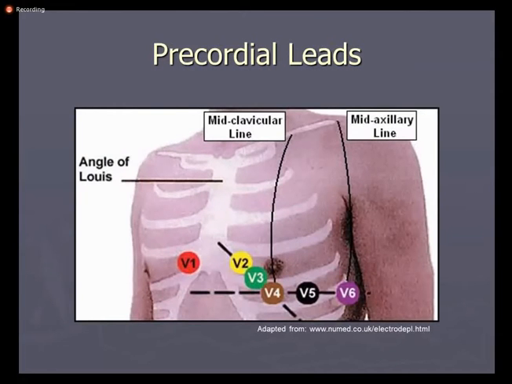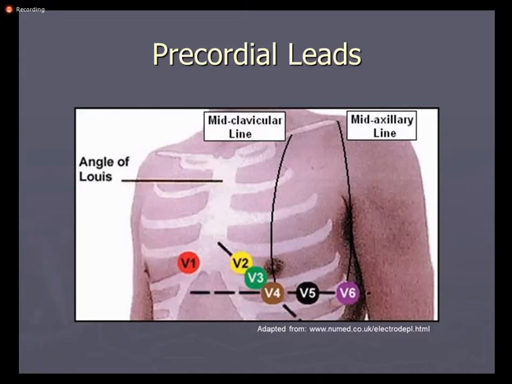Now it is chest leads. You can see we have 6 chest leads: V1, V2, V3, V4, V5 and V6. V1 is placed on the 4th intercostal space on the right side.